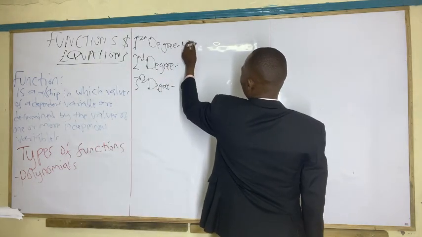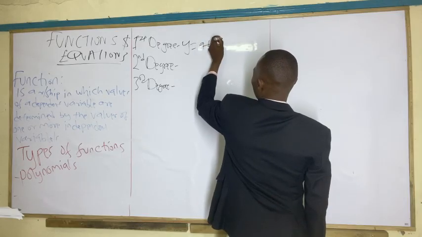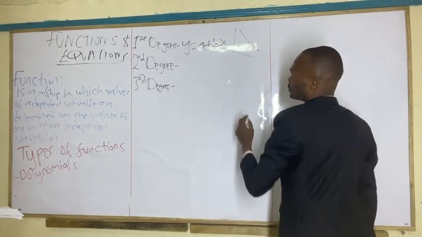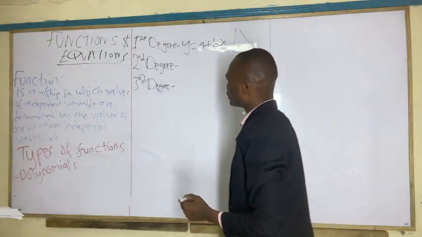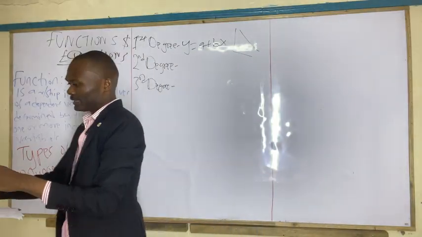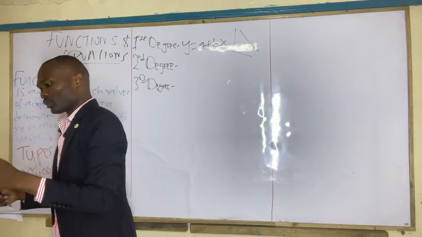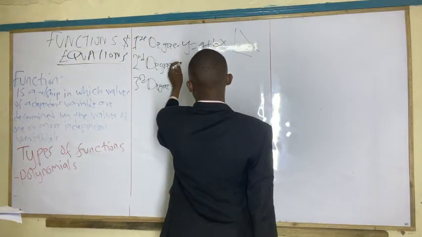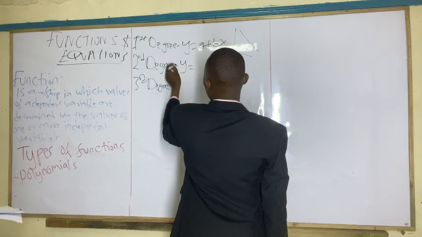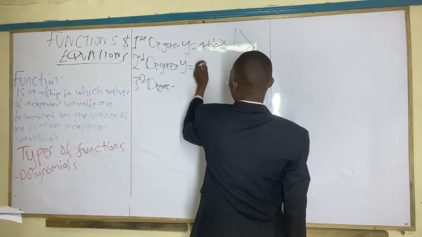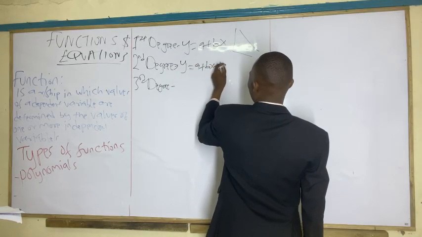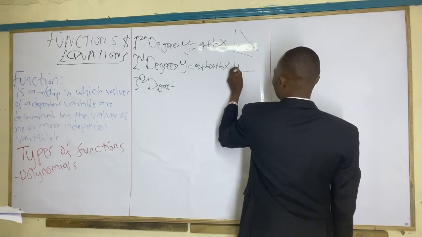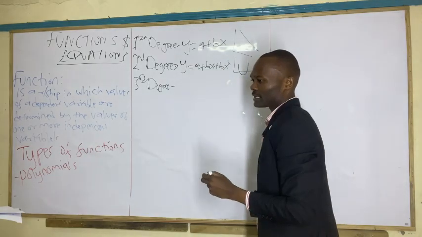This is y is equals to a plus bx. So that is a linear function. That's how it looks like. Let's go to the second degree. The second degree is what we call a quadratic function, where y is equals to a plus bx plus bx squared. Here we have a curve.